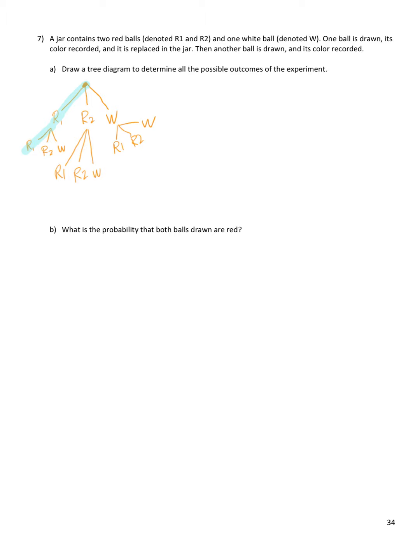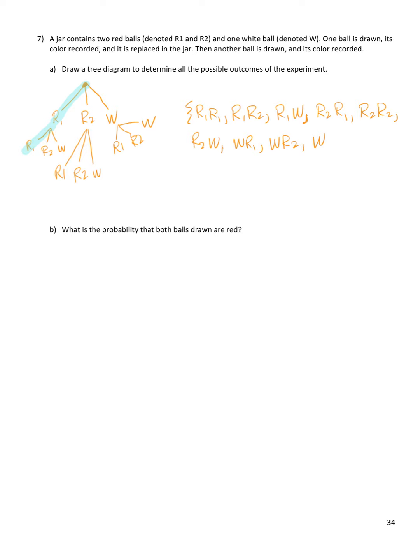And all of my possible outcomes, let's just list them out. I have R1 followed by R1, or R1 followed by R2, or R1 followed by W. Then I can have R2 followed by R1, R2, R2, or R2, W. And then following the third main branch down its 2 sub-branches, I have W, R1, W, R2, and W, W. Whoops, it's not WR3, it's WW.